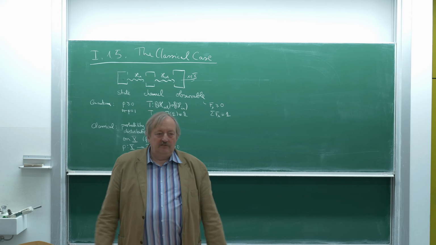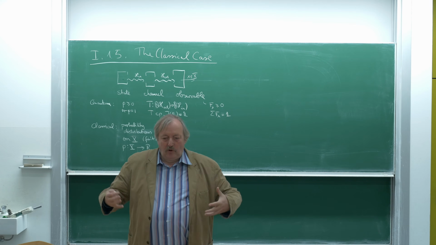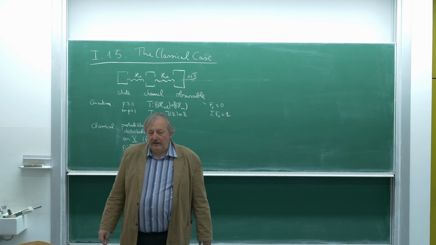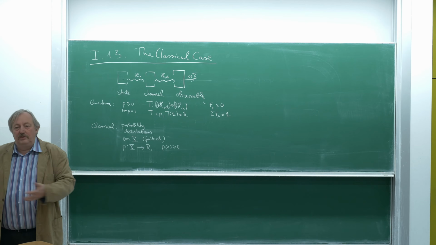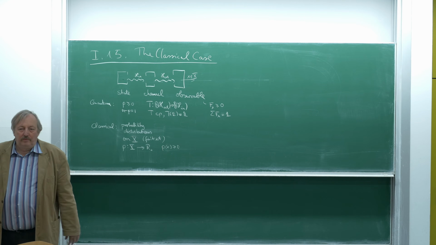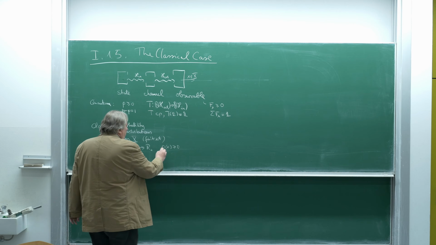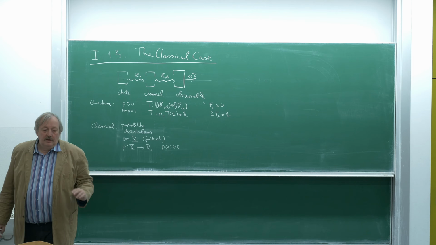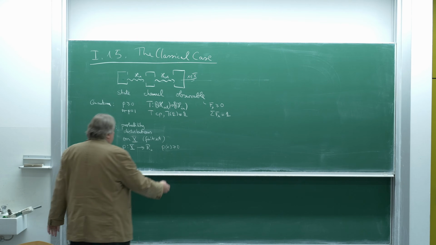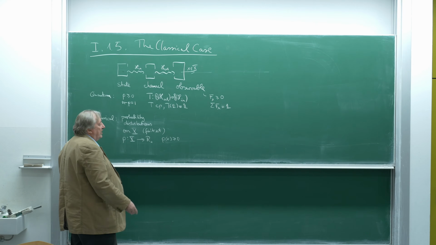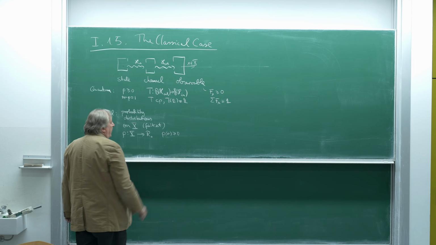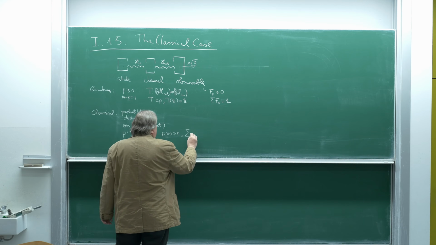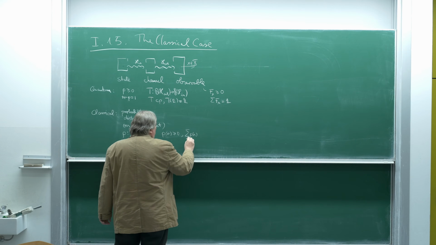So the set X is the list of all possible combinations of properties of our system, and the preparation just produces systems with some properties with a certain probability, and rho of x is the probability that out of that preparation process the property combination x comes out. Now these have to be positive and add up to 1.